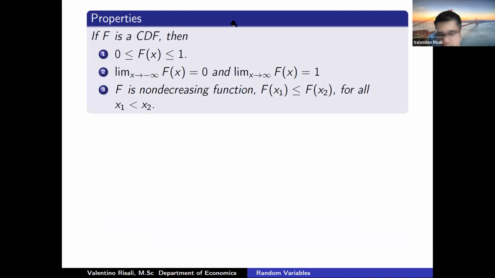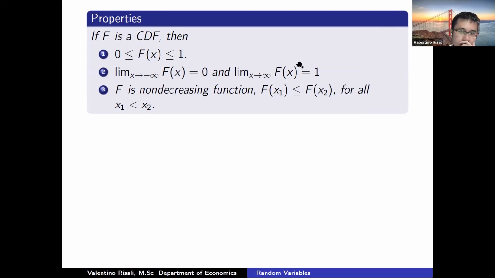To sum up our discussion, we close it with the properties of the CDF. The first property is that the value of F(x) is between 0 and 1. For number 2, the limit of x tends to minus infinity is equal to 0, which means if x gets smaller, then the value of F(x) tends to 0.